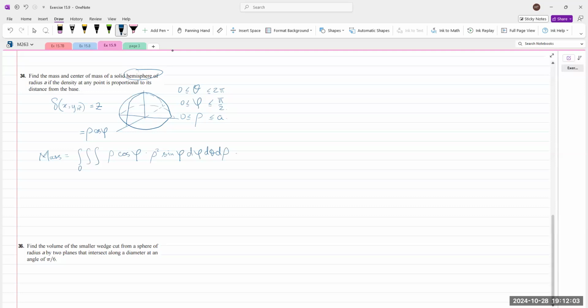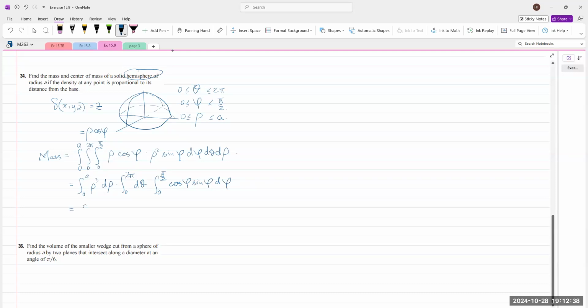So the rho is from 0 to a, the theta from 0 to 2 pi, and the phi from 0 to pi over 2. It's separable with a rectangular domain. So integral from 0 to a of rho cubed d rho times integral from 0 to 2 pi of d theta, times integral from 0 to pi over 2 of cosine phi sine phi d phi.